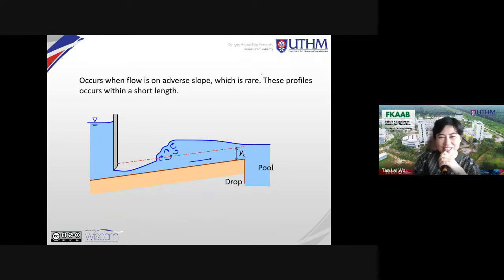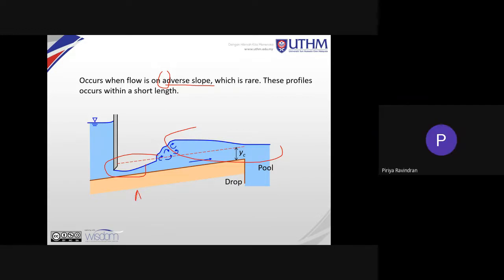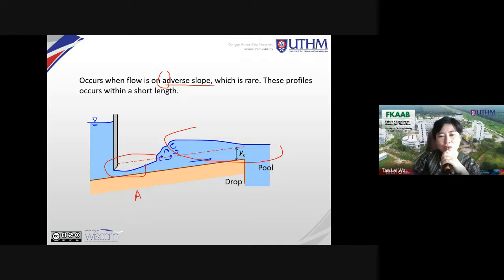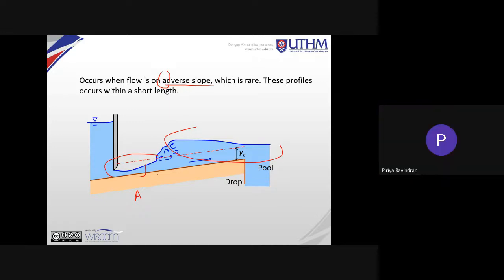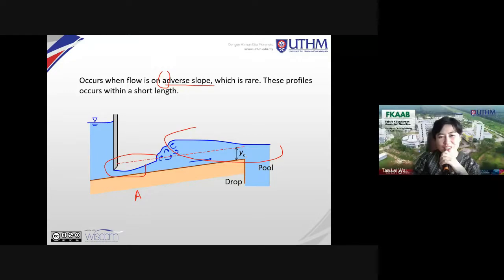This one is apa ni? Ada dua saja kan. For this, where is the Y, Doctor? There's no Y not, right? Only YC kan, adverse. So Y? You cannot find Y not kan for adverse slope.